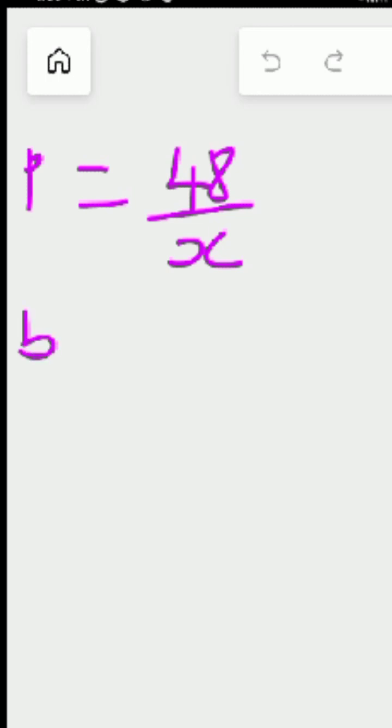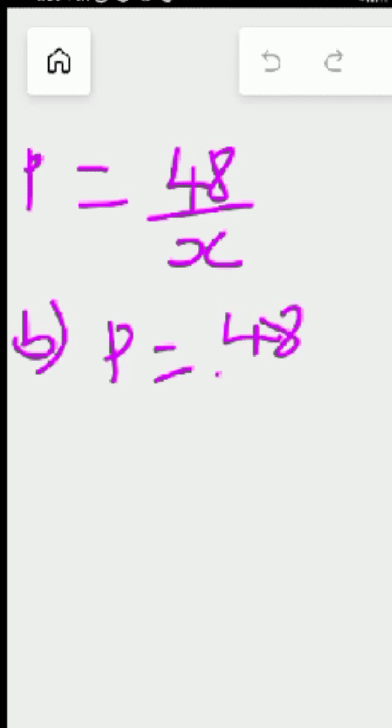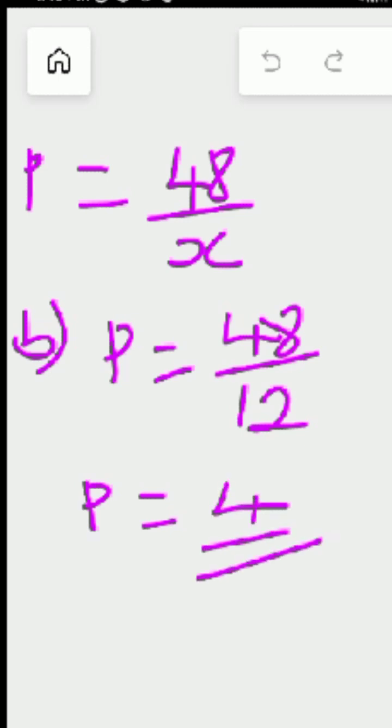Our question B: find p when q is equal to 12. Here we write p is equal to 48 over 12. So you divide 48 by 12, and that will give you p is equal to 4.